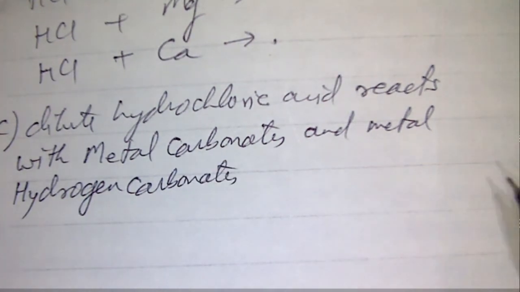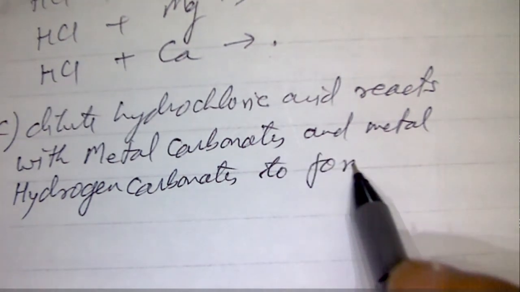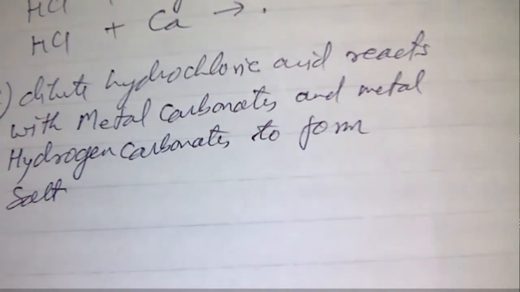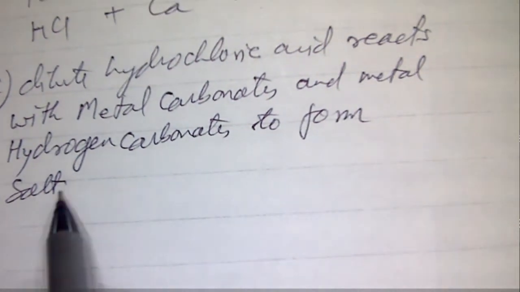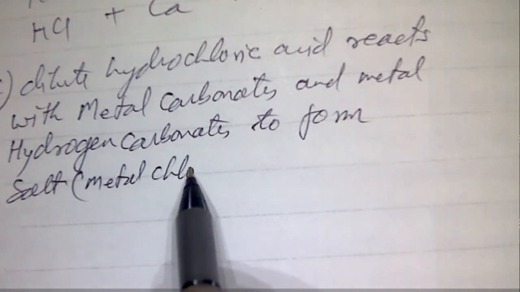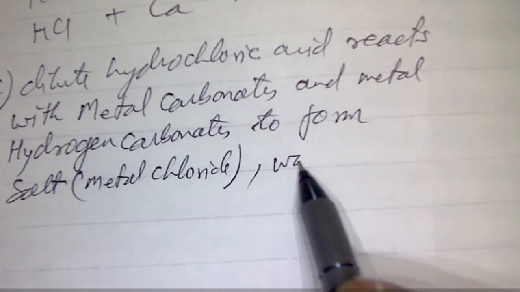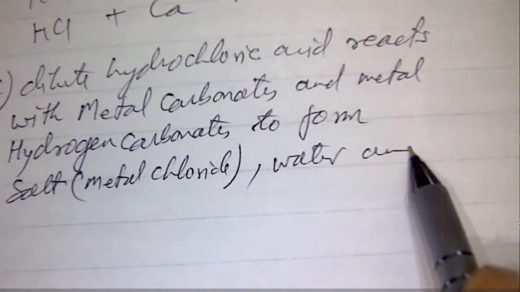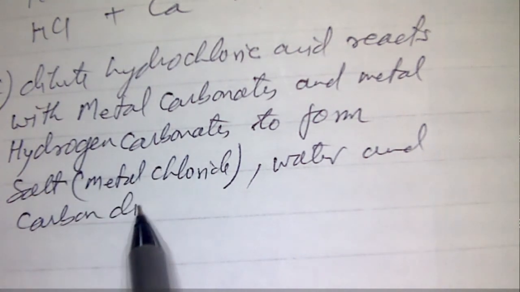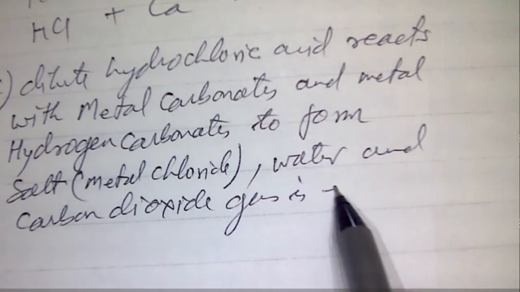Hydrogen carbonates are also called bicarbonates. To form, what will it form? Salt. And again I'll say the salt is metal chloride, water, and carbon dioxide gas is evolved.